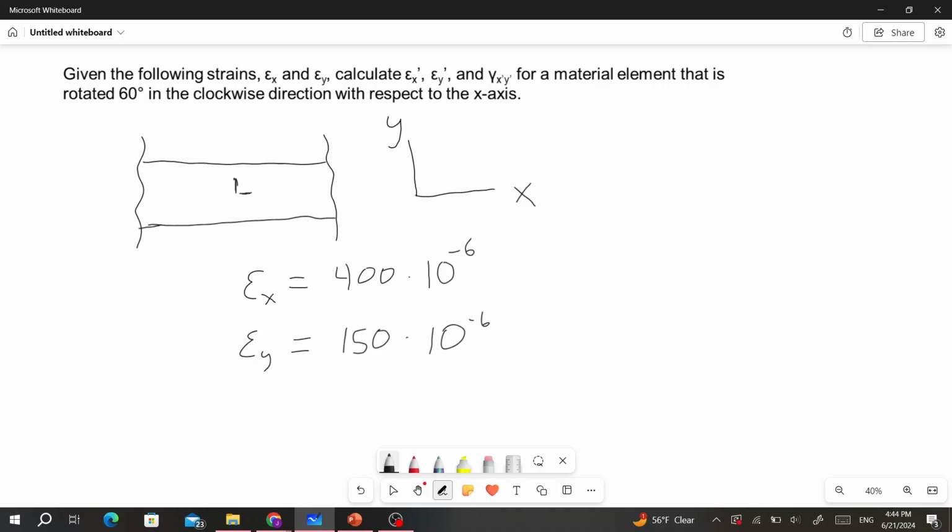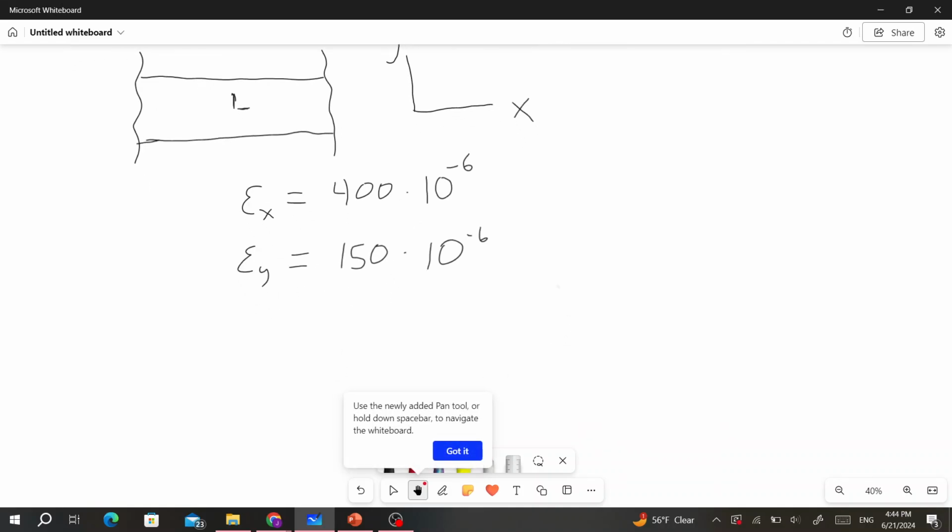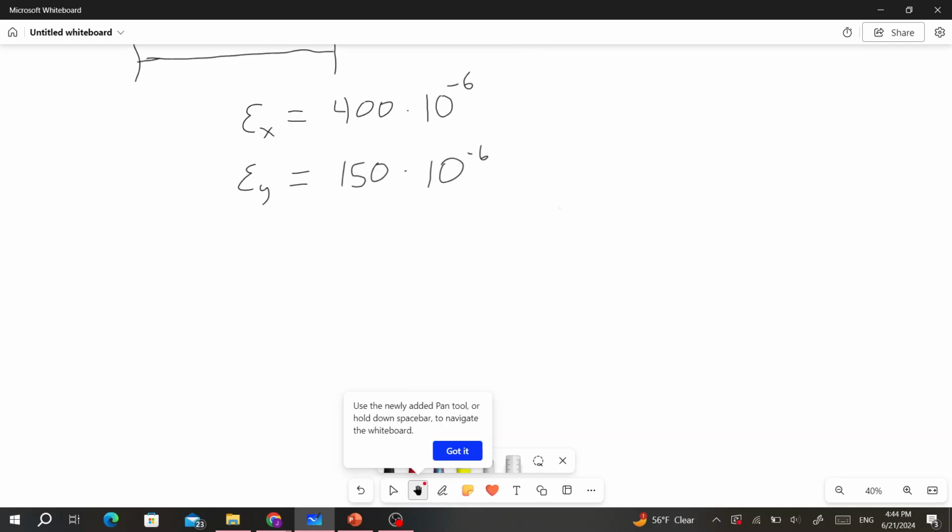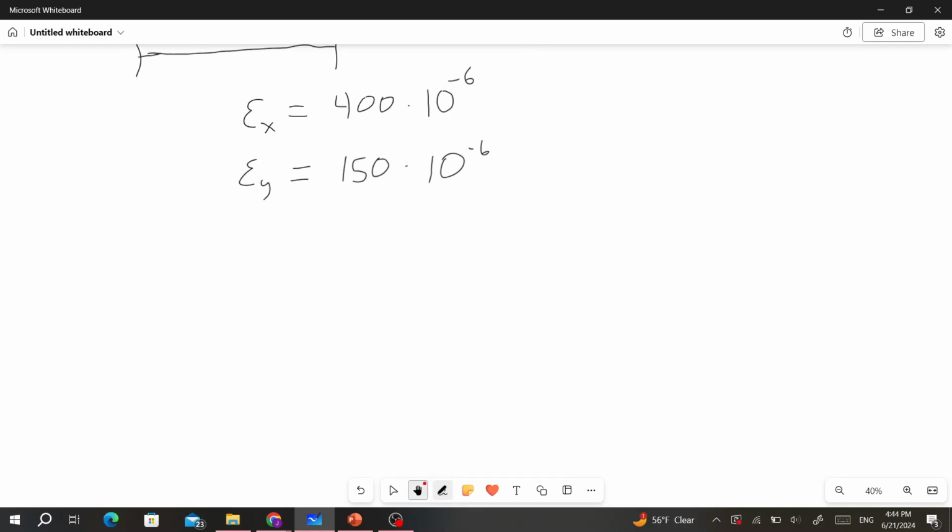For this, we're just going to use the equations of strain transformation that were in the lecture notes. The only thing to be careful about is that it asked for a rotation of 60 degrees in the clockwise direction with respect to the x-axis.